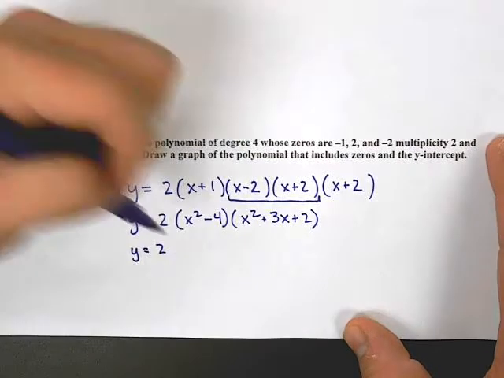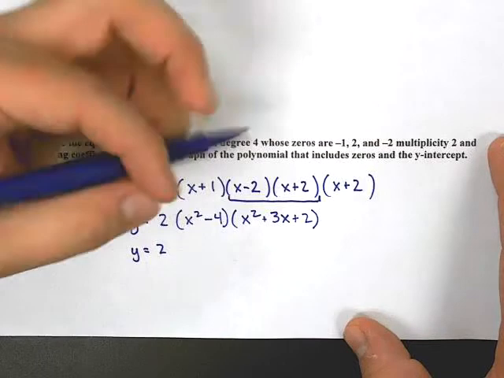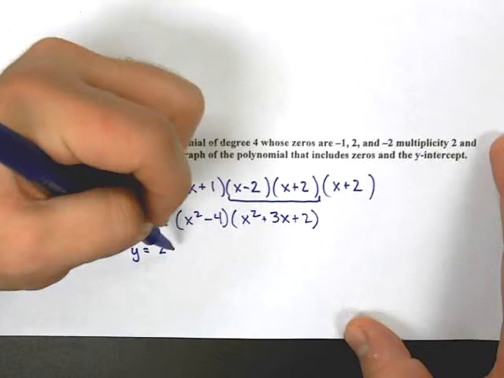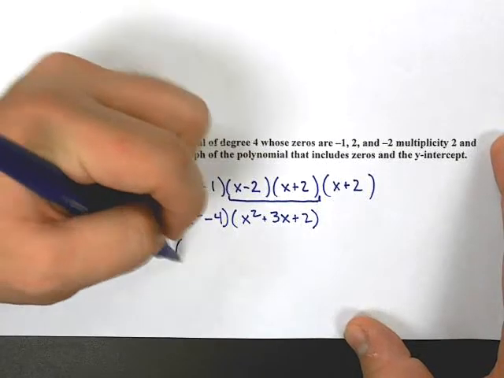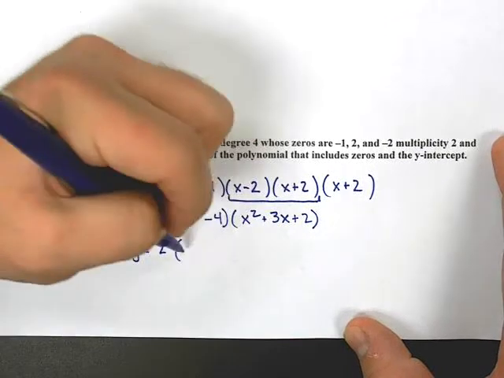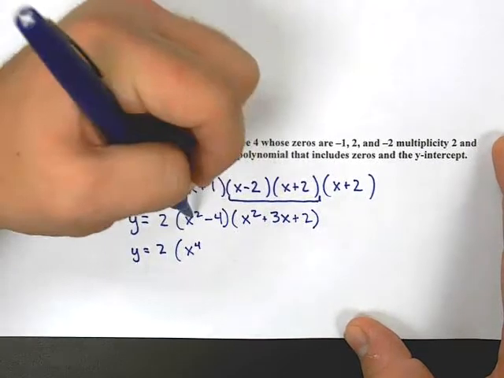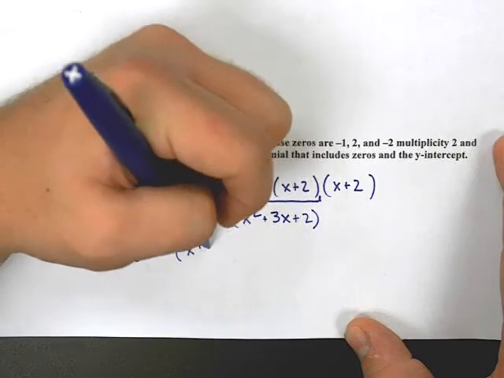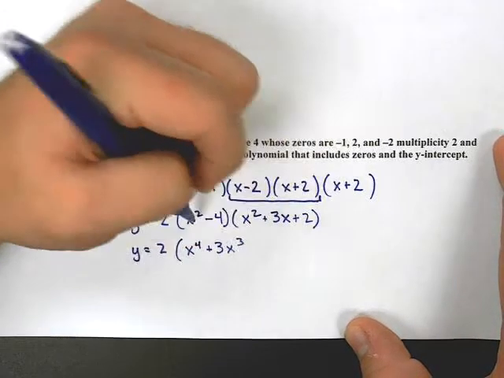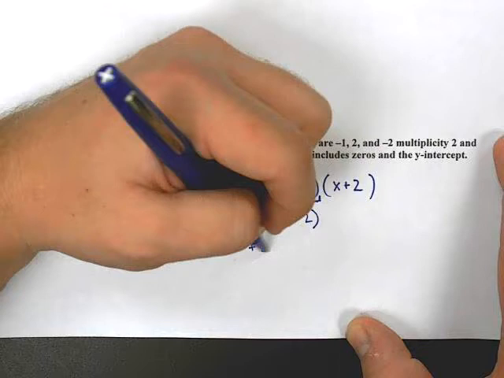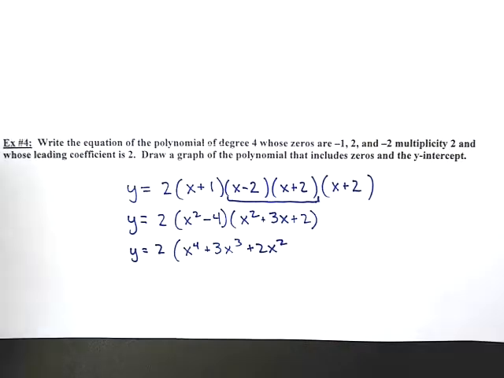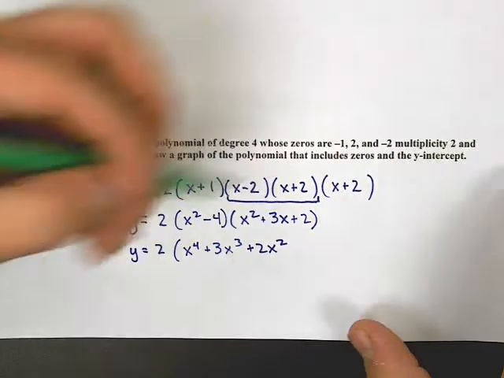Now let's see here. This is going to be a little, I don't want to say tricky, but you have to be really careful when you do this. So x squared times x squared is x to the fourth. X squared times 3x is positive 3x cubed. X squared times positive 2 is plus 2x squared. Now, just so you understand, I'm switching colors here.